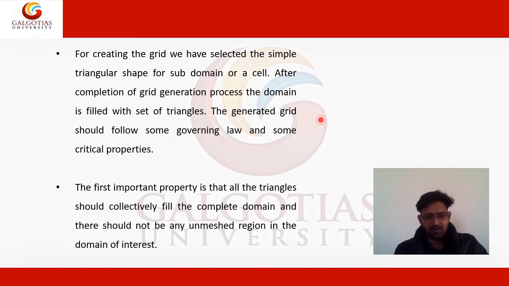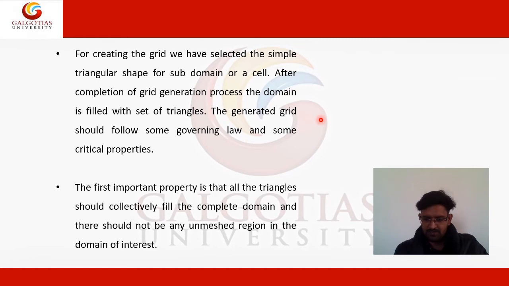The first important property is that all the triangles should collectively fill the complete domain, and there should not be any unmeshed region in the domain of interest. So whatever the domain of interest is, all regions should be uniformly divided, and there should not be any unmeshed region. The second property is that none of the triangles should intersect with each other.